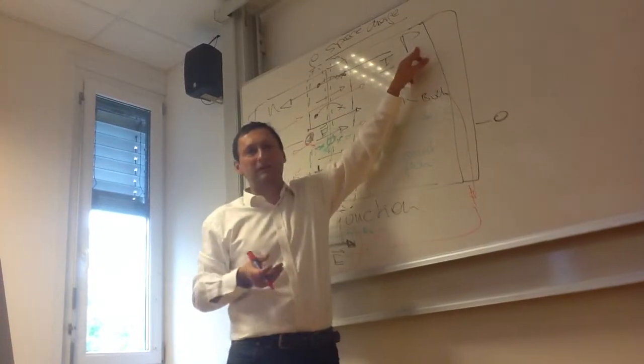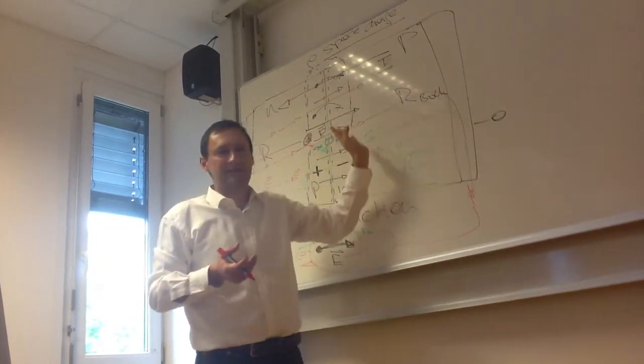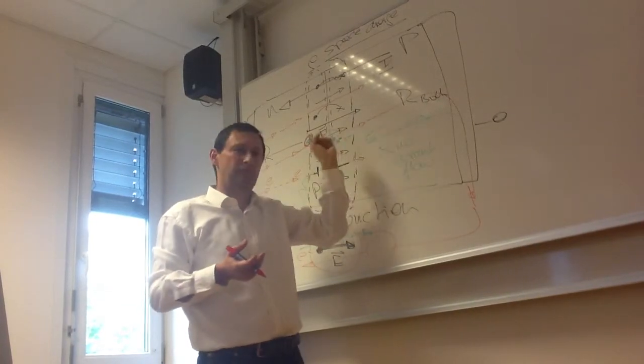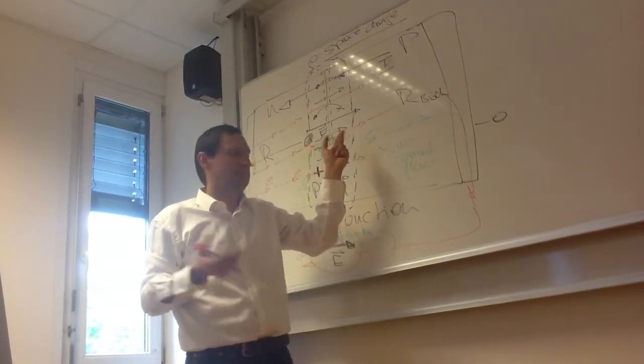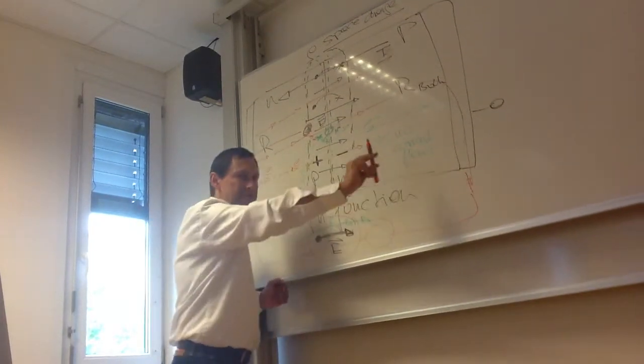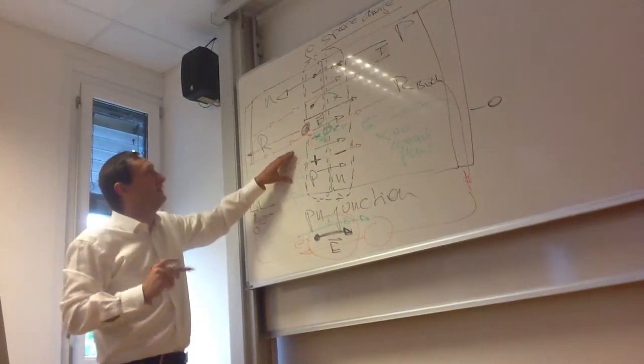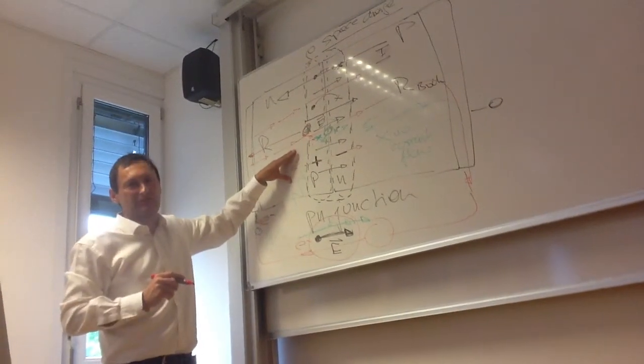This is the P material. We have a lot of holes here anyway. So every electron that enters on this side will get sucked up by the holes. That means we have an electron movement in the outside world from this to the other side. So at this time, the PN junction works as a generator.